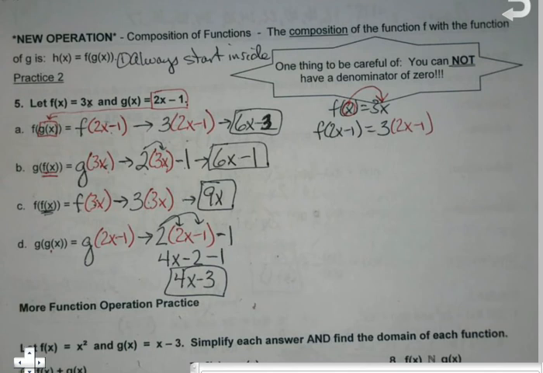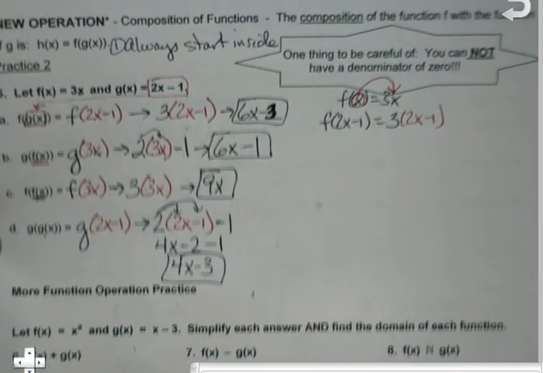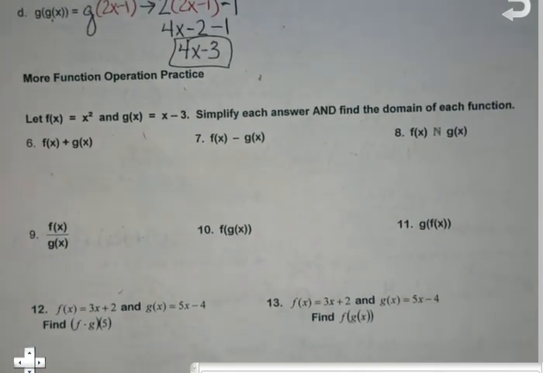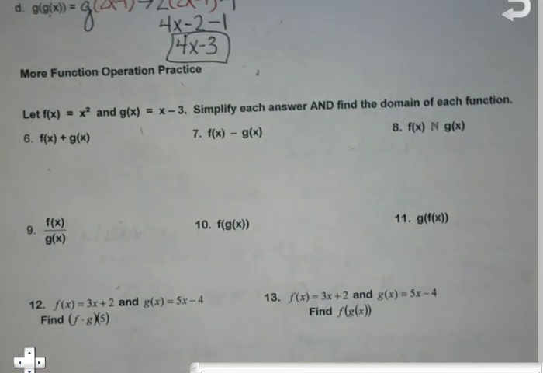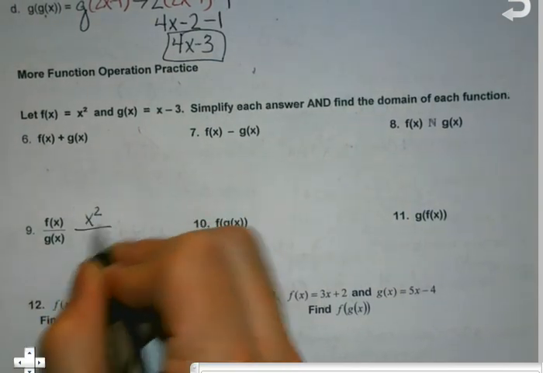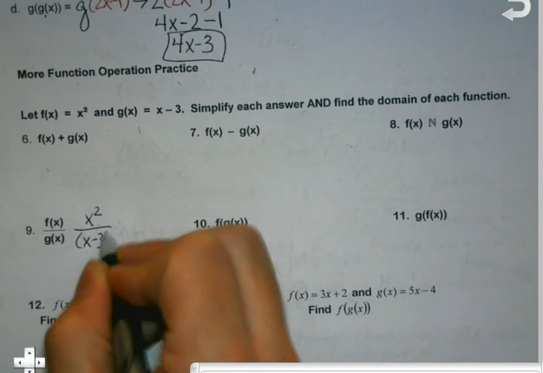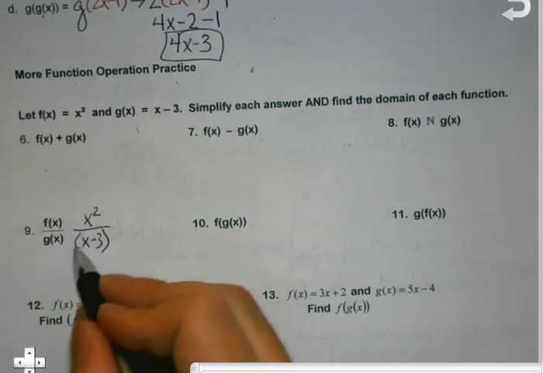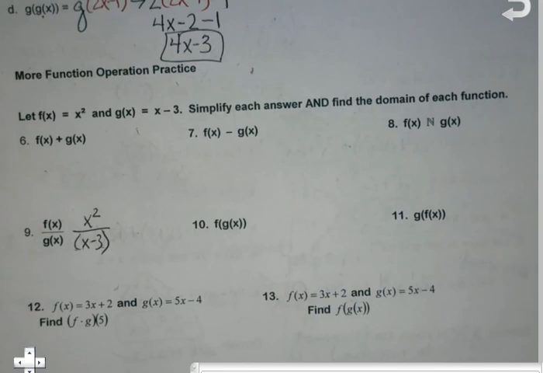So, just kind of as a mini self-quiz, as we come down here, let's take a look at 9 before we look at the doozies on the bottom. F of x divided by g of x. First question, can I simplify it at all? No. Not unless all 3 of these have something in common. Okay, do I have any restrictions for my domain?